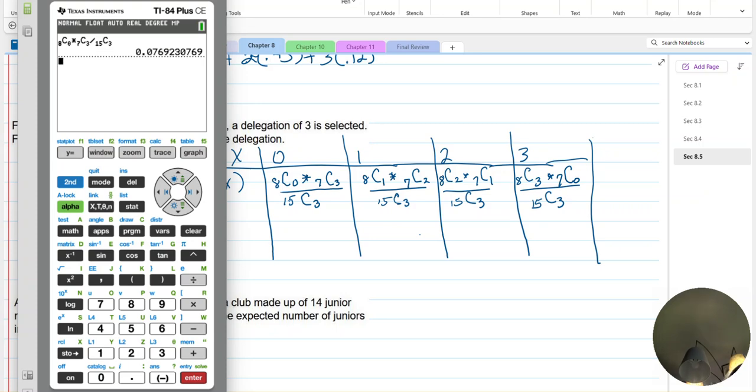And there we go, 0.08. Now we're going to do the next one, second entry, and we are going to put a 1 and change the other one to a 2. Make sure that I've done the right thing there. Yep. Enter.